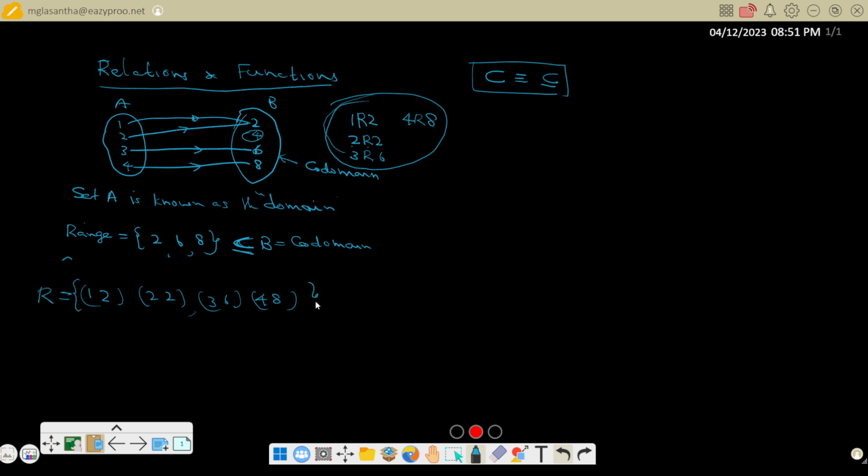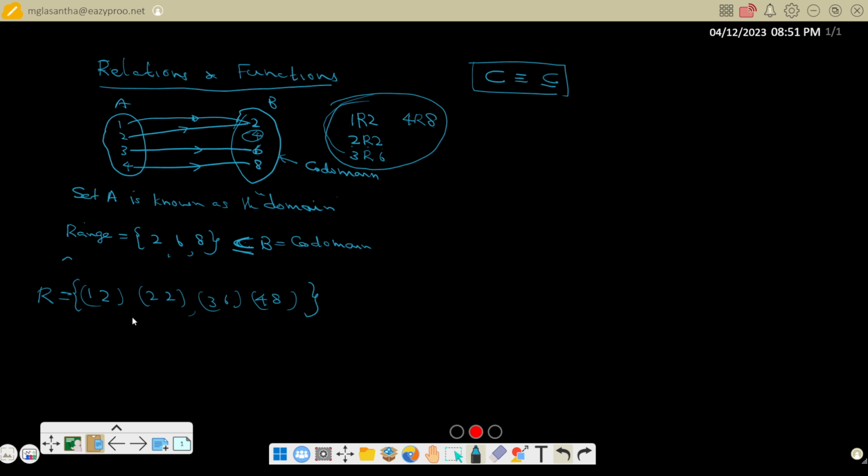You can represent this relation as a set of ordered pairs. Is it clear? The same relation you can present in a different way.